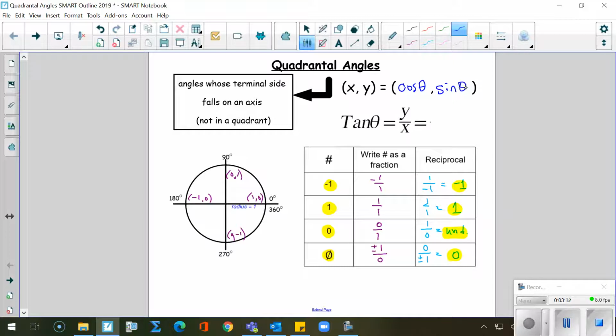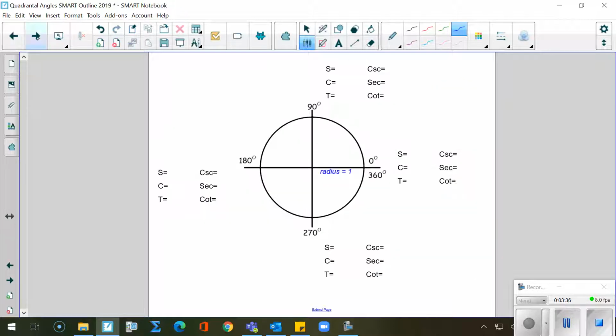All y coordinates are the sine of that particular angle. Tangent is y over x, which is equal to sine over cosine. Using that information, we will be able to find the values of quadrantal angles without relying on right triangles.